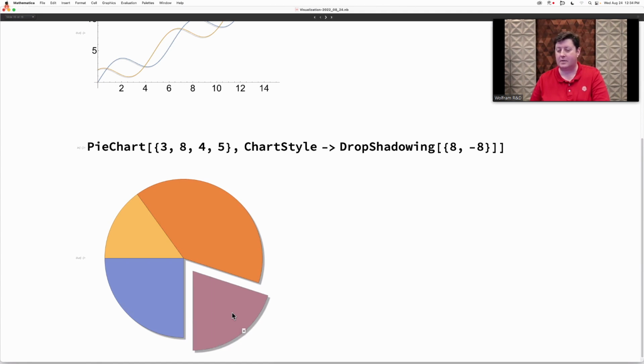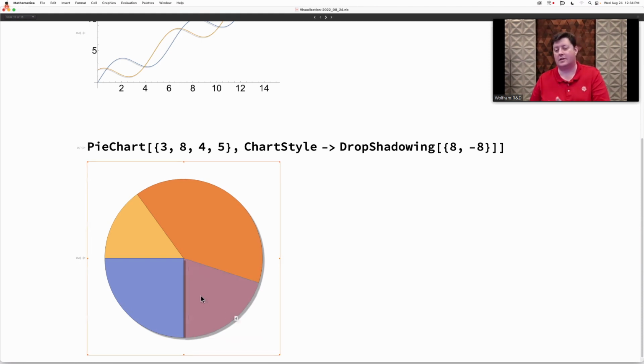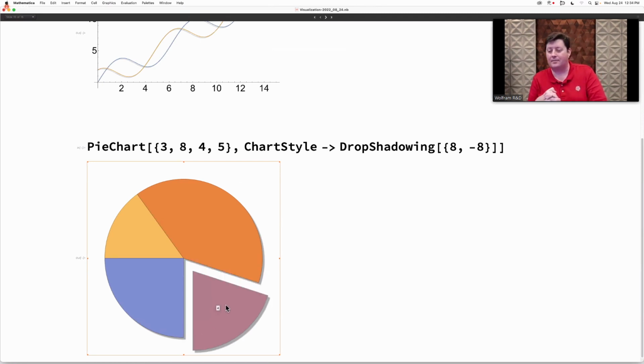I've popped this one out because one of these sectors always has to draw on top, and it's going to draw its drop shadow on top of everything else. And so I popped it out to hide that fact, sort of. I think it'll be interesting to see what people do with drop shadowing and how they use it in plots and graphics.